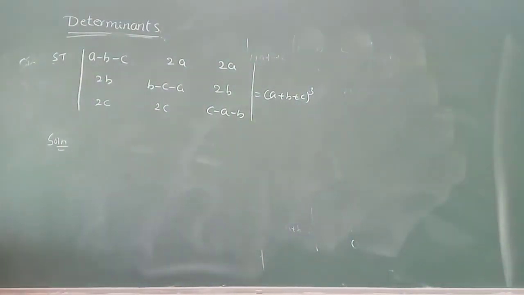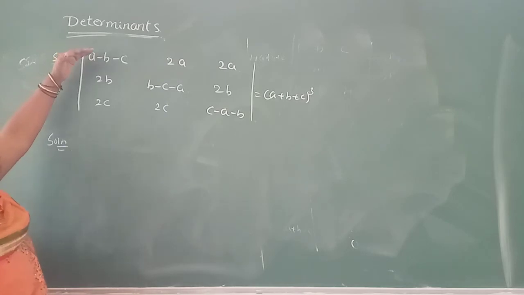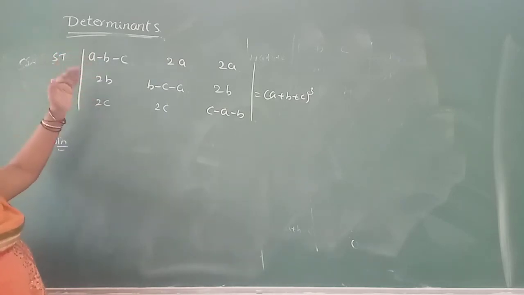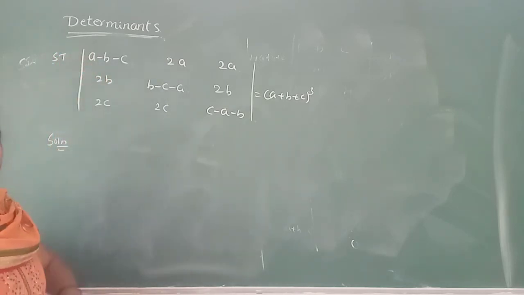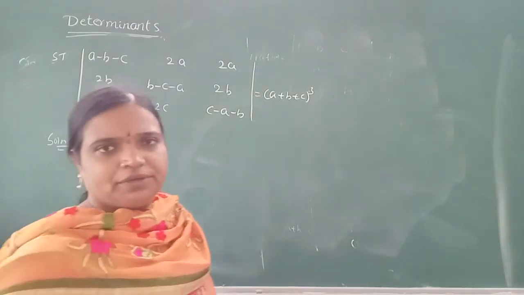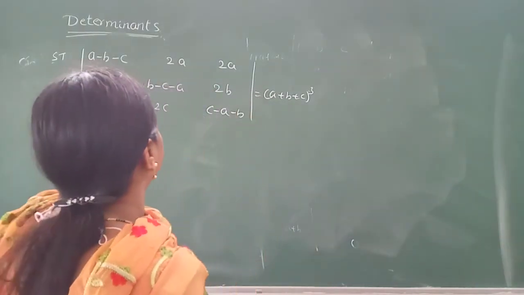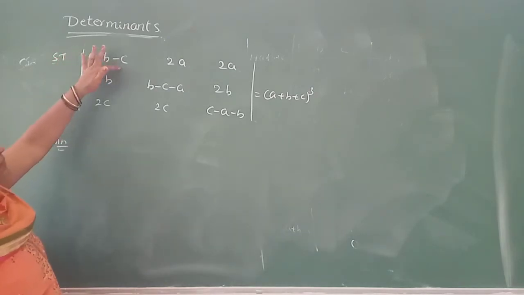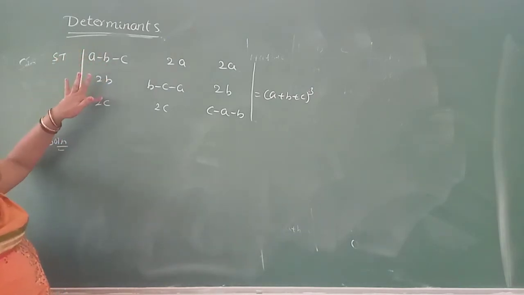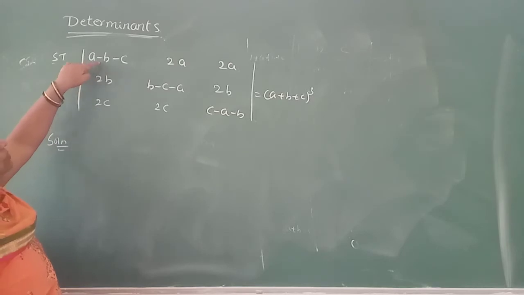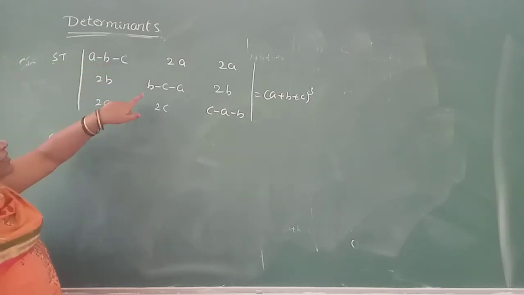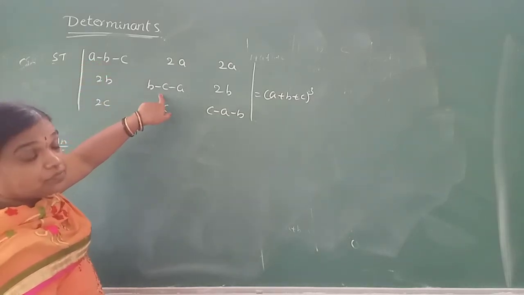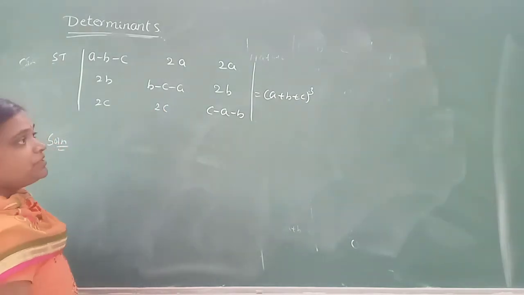Please concentrate. Either we can apply the operation row wise or column wise. The choice is left to you. See, if I take row wise, A minus B minus C plus 2B plus 2C, we get A plus B plus C. Again, if I take row wise, we get a similar answer.